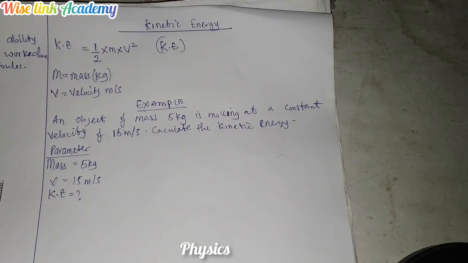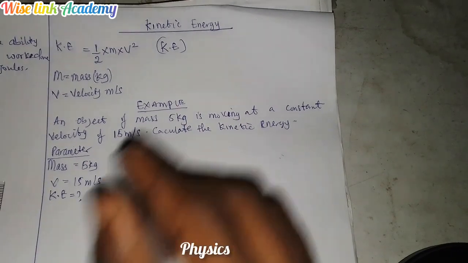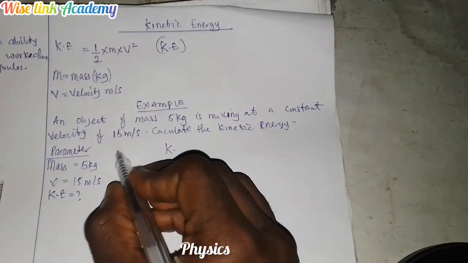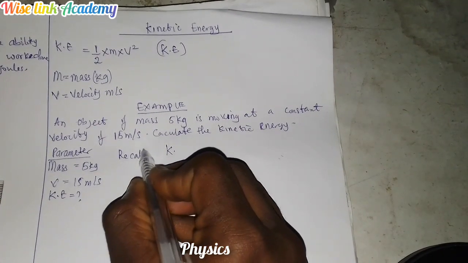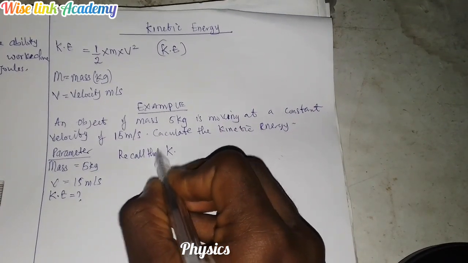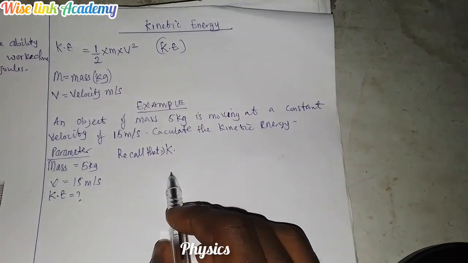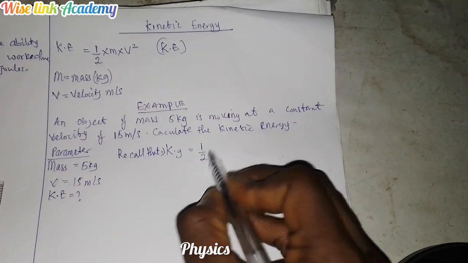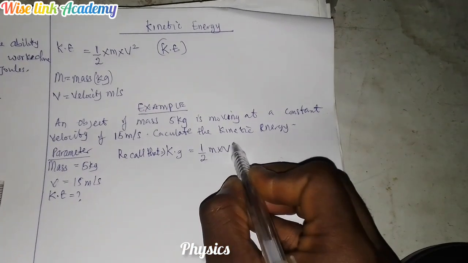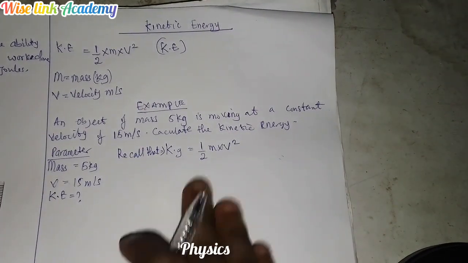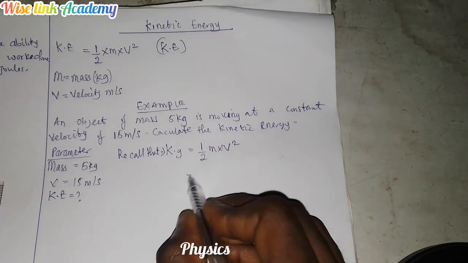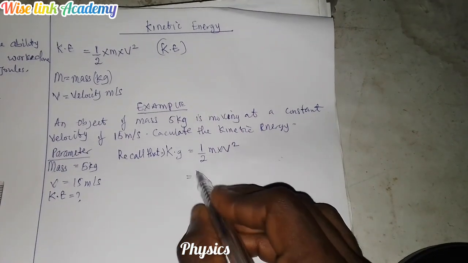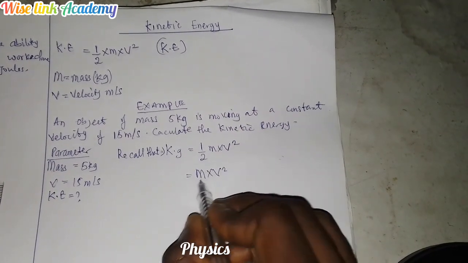We can now proceed by saying, recall that kinetic energy is equal to 1 over 2 mass times velocity square. Mathematically this becomes, if I work on this, mass times velocity square over 2.